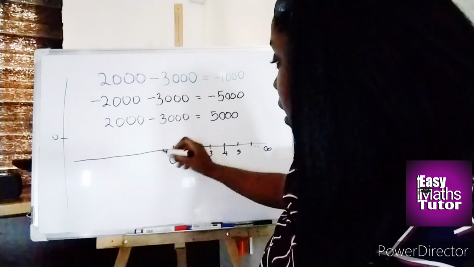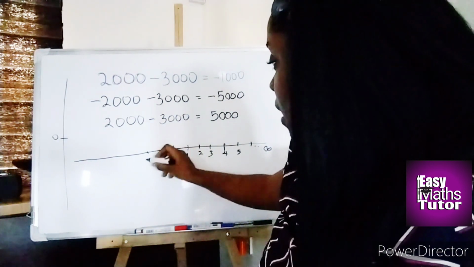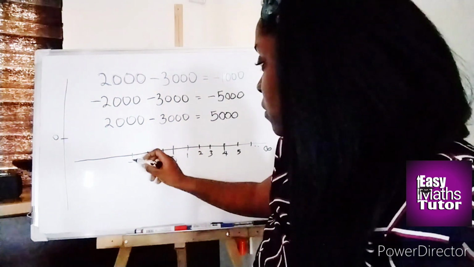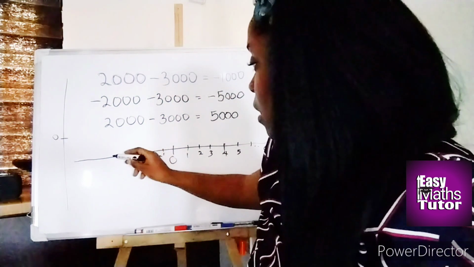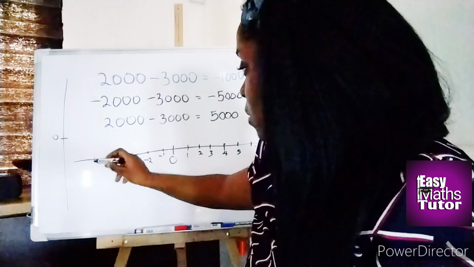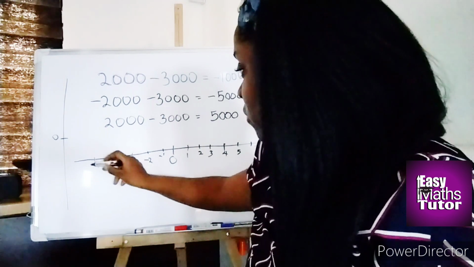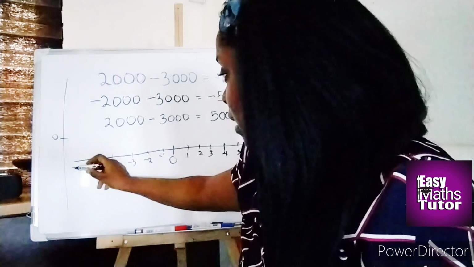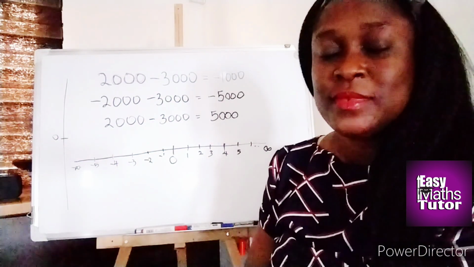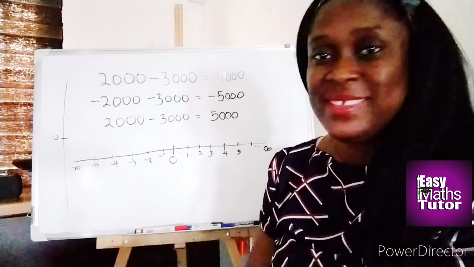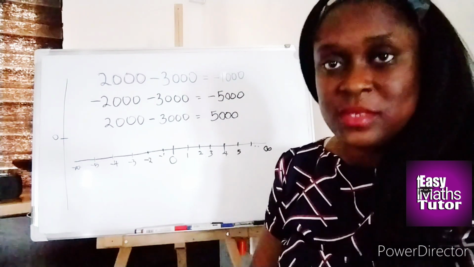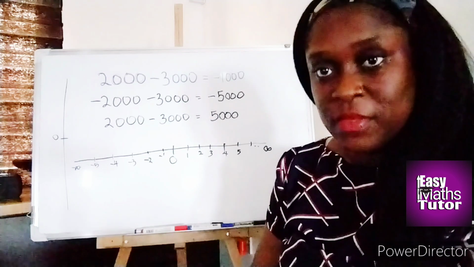On this side, you have -1, -2, -3, -4, -5, till you get to minus infinity, okay? Numbers have no end. Mathematics has no end. Every day you're going to solve mathematics, one way or the other.